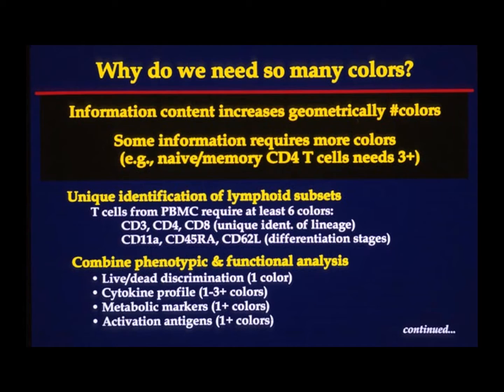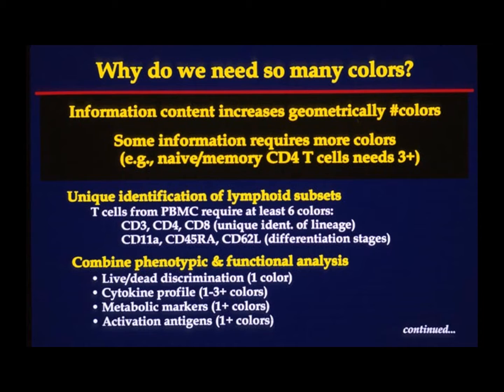Next slide, but I can't remember them all. So why do we need so many colors? Well, information content increases geometrically with the number of colors. And I talked about some of this a bit in an earlier slide. Some information requires more colors. So if we want to distinguish naive and memory CD4 T cells, that needs more than 3 colors.